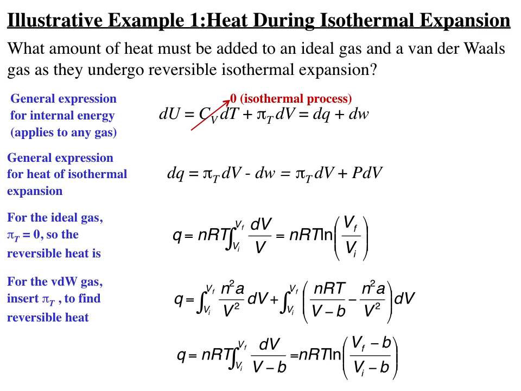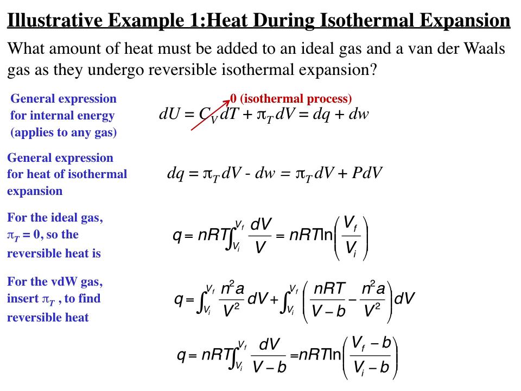So really all I have to do is take the integral of nRT divided by V minus b times dV. Again, remember, look from the above expression, two of these integrals are canceling.